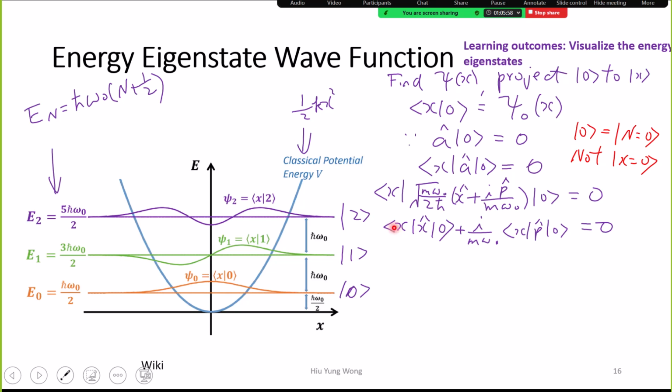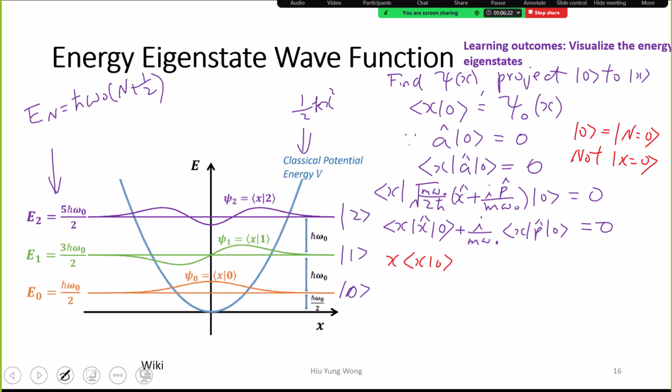When I pass x hat to x, what will happen? Just x, because it's the eigenvector. So I can take this out, this becomes x times x 0. I apply this to here, because this is the eigenvector of x hat.